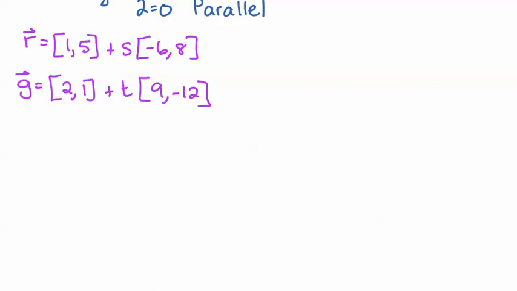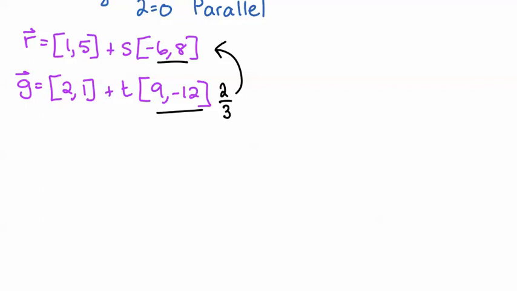I think it's easiest if, well, first let's look at our direction vectors and see if they're going in the same direction. Looking at our direction vectors, negative 6, 8 and 9, negative 12, the thing I noticed right off the bat is that if I multiplied this vector by 2 over 3, it's going to equal this vector.